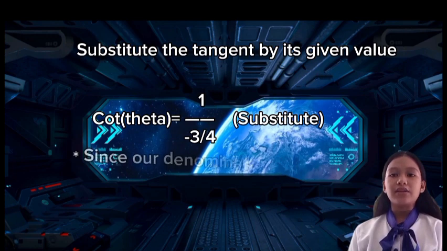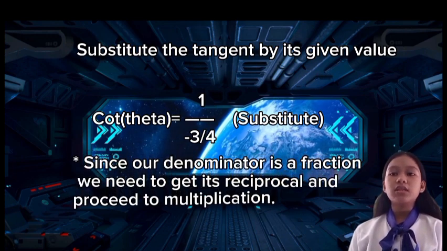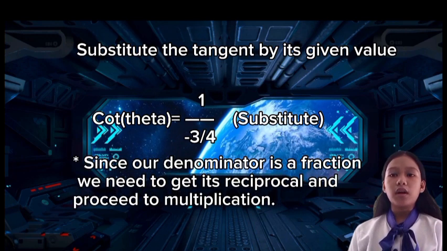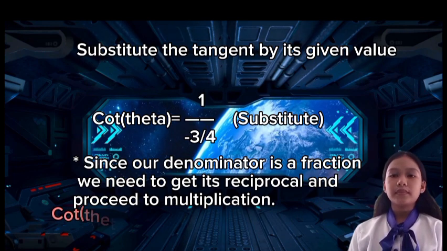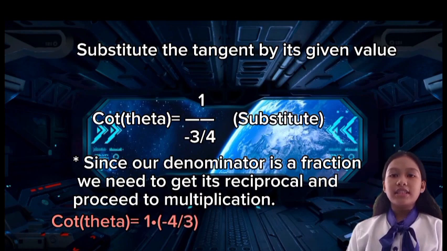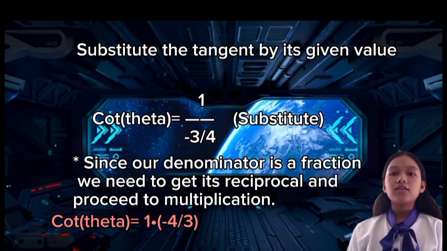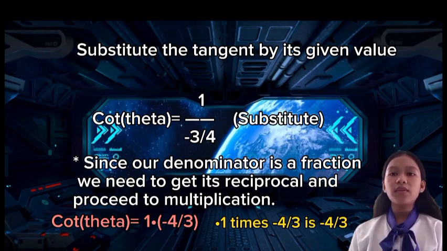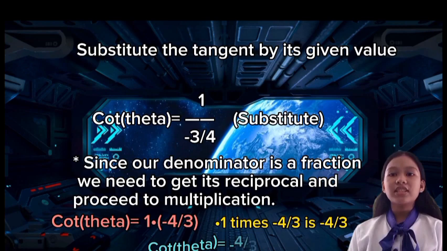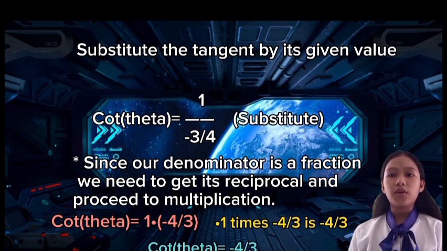Since our denominator is a fraction, we need to get its reciprocal and proceed to multiplication. Cotangent theta is equal to 1 times negative 4 over 3. So 1 times negative 4 over 3 is equal to negative 4 over 3. Cotangent theta is equal to negative 4 over 3.